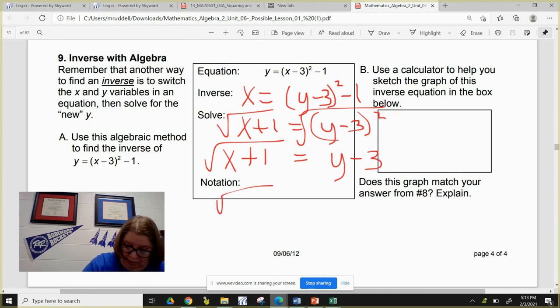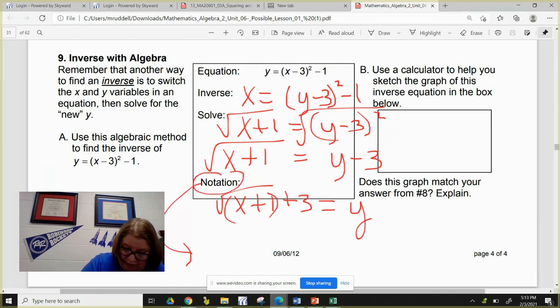Add the 3. Oop, I forgot to add the 3. Notice that the 3 is not under the square root sign because we square rooted first and then we added the 3. Okay. There is our new equation.